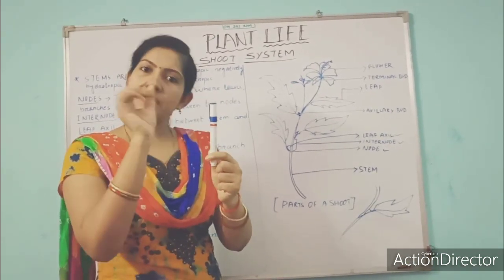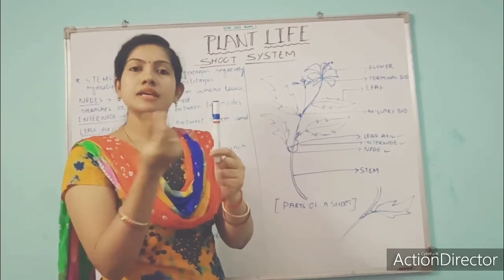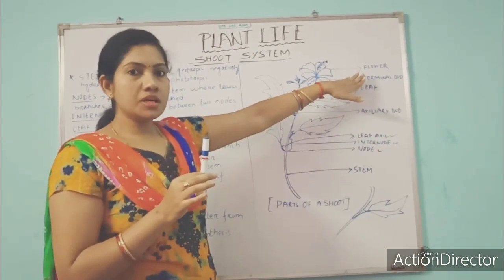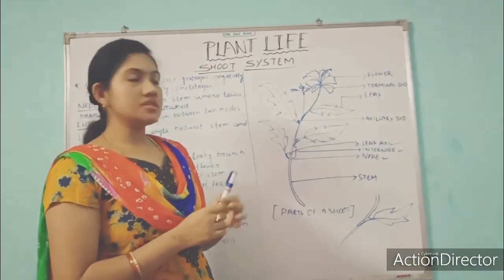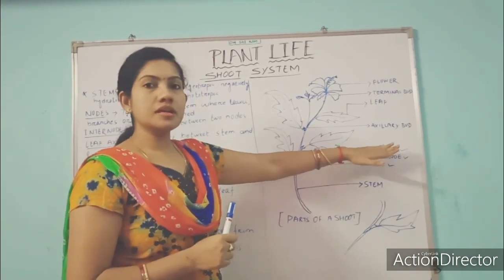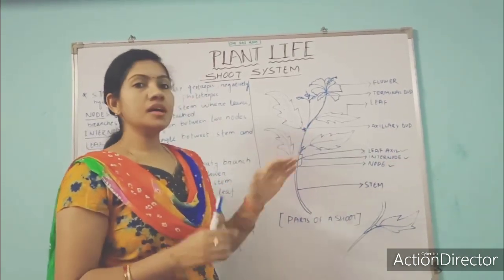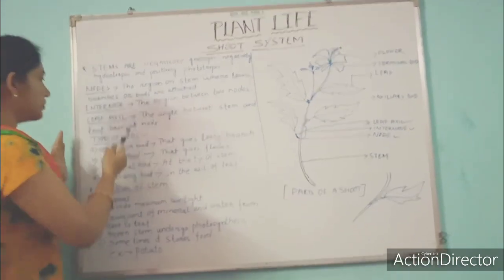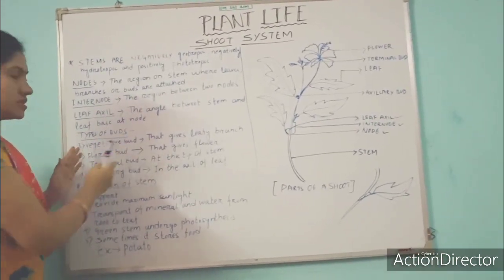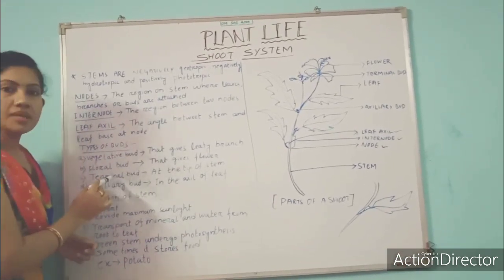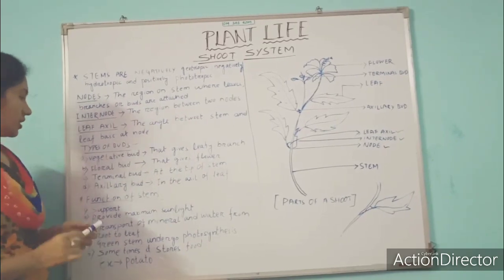Generally, terminal buds are vegetative and axillary buds are floral buds. Axillary buds are the buds that are present on the leaf axil. Got it? So here we can see buds may be vegetative, it may be floral, it may be terminal or it may be axillary.